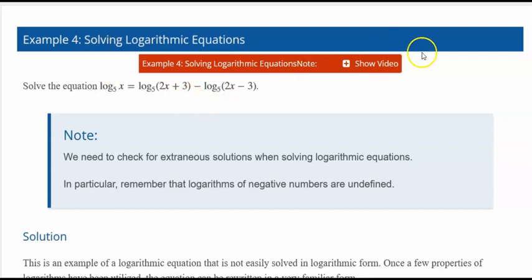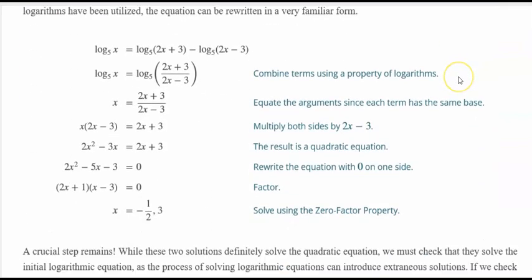All right, so let's take a look at this. They have it all worked out nicely here. Let's check it out step by step. So there's our original expression here, equation. We're going to convert it to its condensed form.